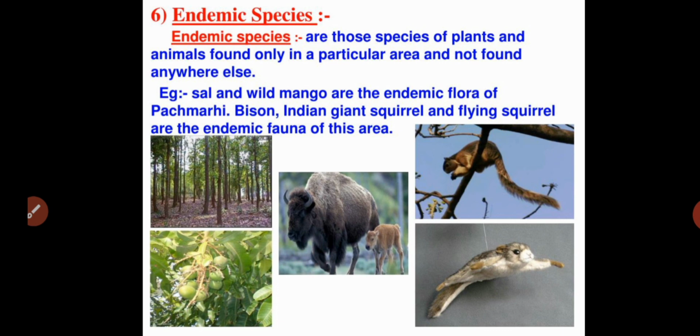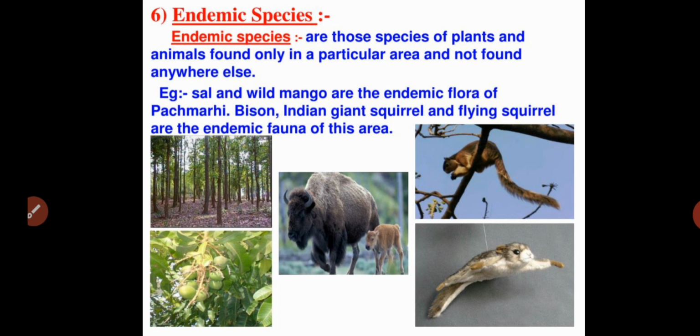Endemic species are species, including both plants and animals, found only in one particular area. In other areas there is no such species of plants and animals. Such species are commonly called endemic species.